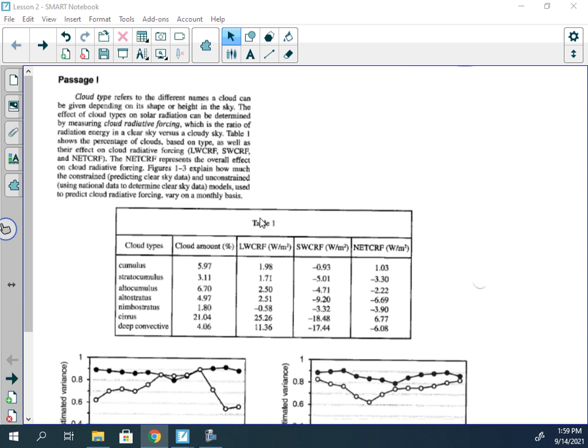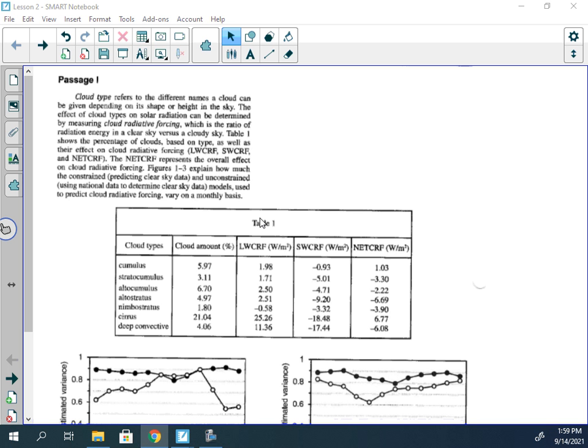Passage 1, 2, or 3? All right. I'm good with that. Okay. So the homework is going to be problem 6 through 10.